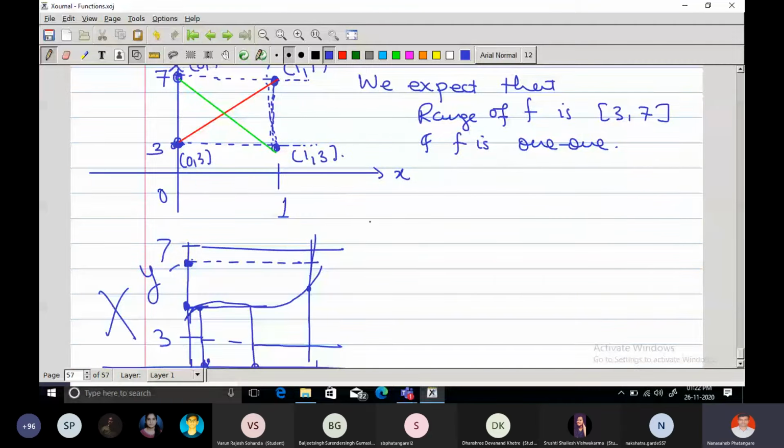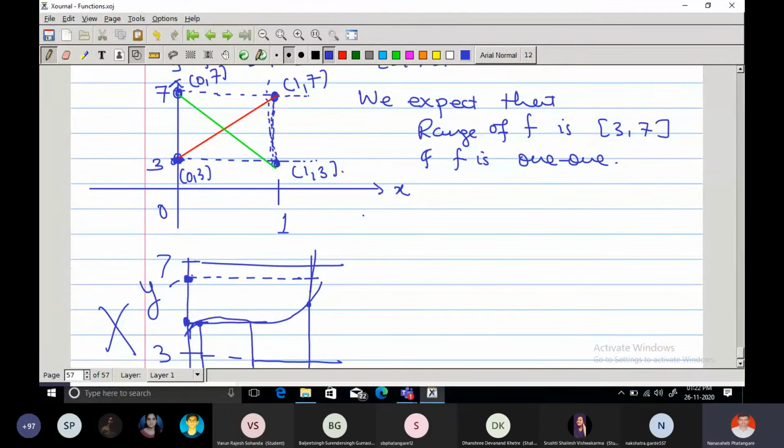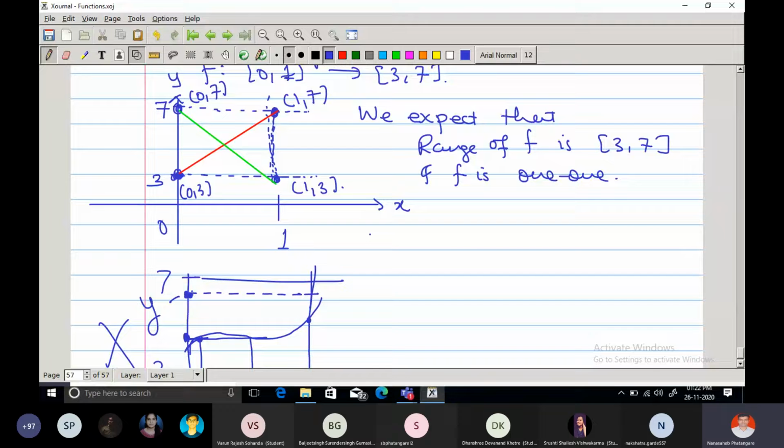Okay, let us try to find a function whose graph is a straight line which joins the opposite corners (0, 3) and (1, 7). So suppose f of x.